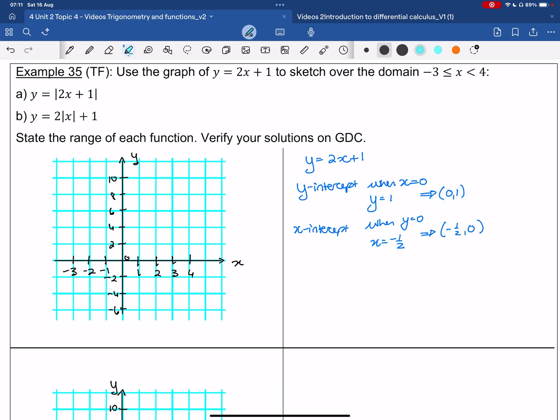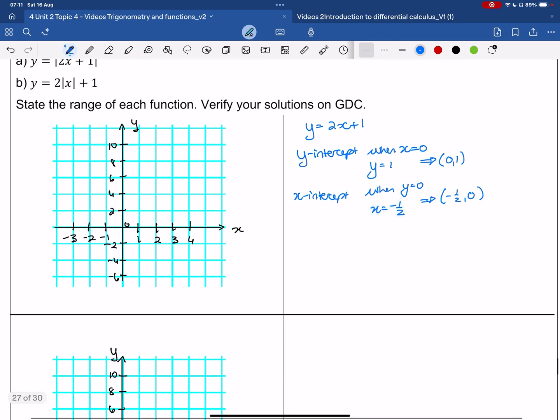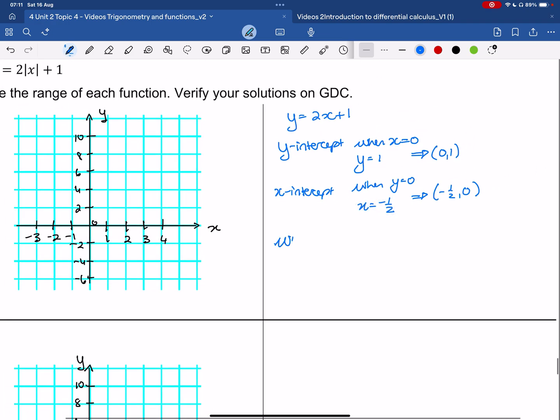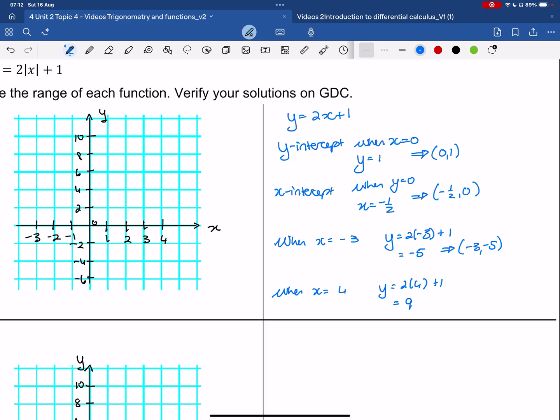However, I have this limited domain, so I need to know what the endpoints of my domain are as well. So let's have a quick look. When x is equal to -3, I'm going to have y is 2 times -3 plus 1, and that's going to be -5. So I've got a point at (-3, -5), and when x is equal to 4, y will be 2 4s plus 1, which is 9.